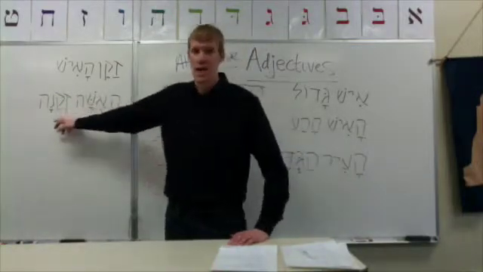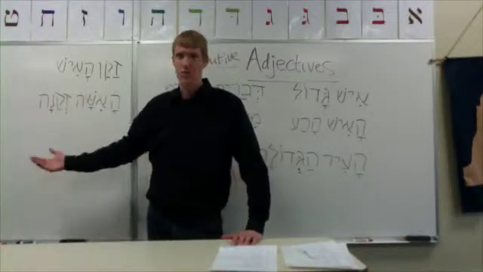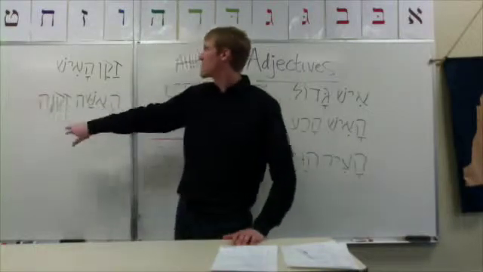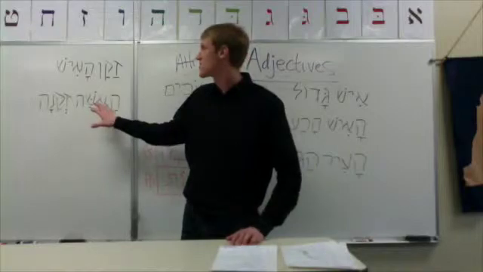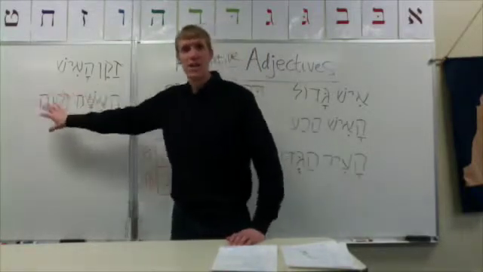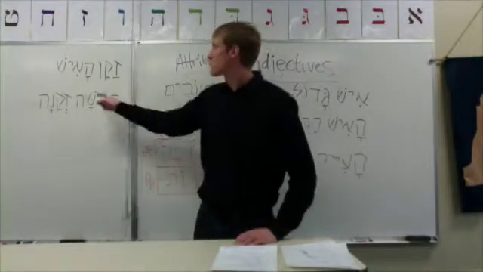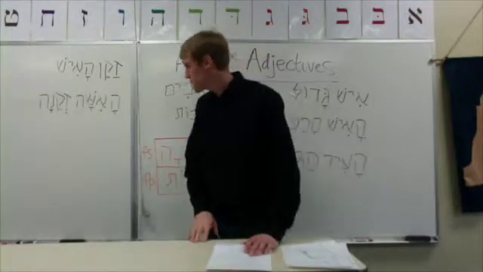Zakena is, of course, the feminine singular version because it has the kamets hey, which corresponds to the feminine singular kamets hey on the end of isha, right? So it's agreeing in gender and in number in both cases, but neither of them are agreeing in definiteness. And that's the main difference.